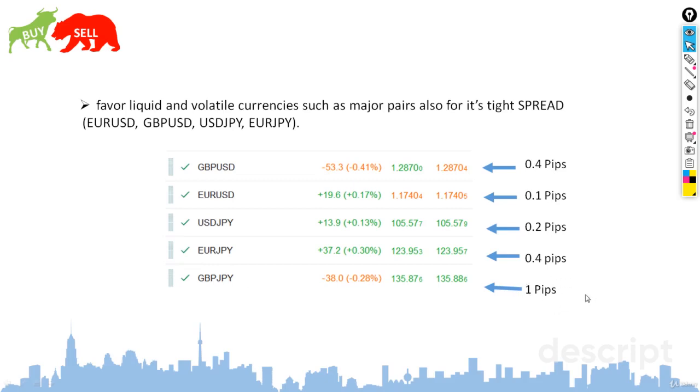It's not large, and 1 pip is good for scalping, because GBP/JPY is a very volatile market, so it's very good for scalping. So 1 pip on GBP/JPY is not dangerous for your trading results.